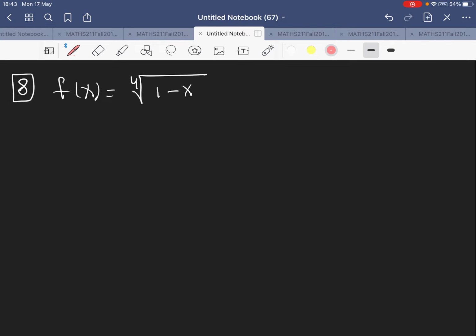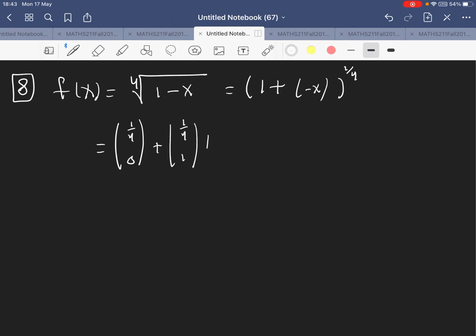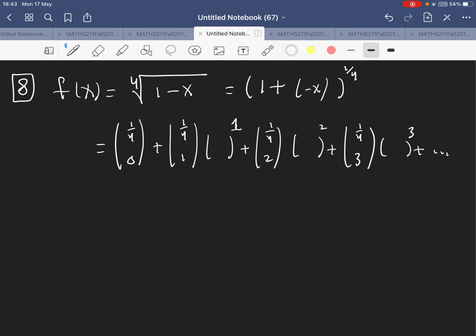Let's see this question. How do I know if it's a binomial series? It should be something to the power 1 over 4. It should be 1 plus negative x. Now, if we apply the binomial series, it should be 1 over 4 choose 0, plus 1 over 4 choose 1 times something to the power of 1, plus 1 over 4 choose 2 times something to the power of 2, plus 1 over 4 choose 3 times something to the power of 3, and so on.